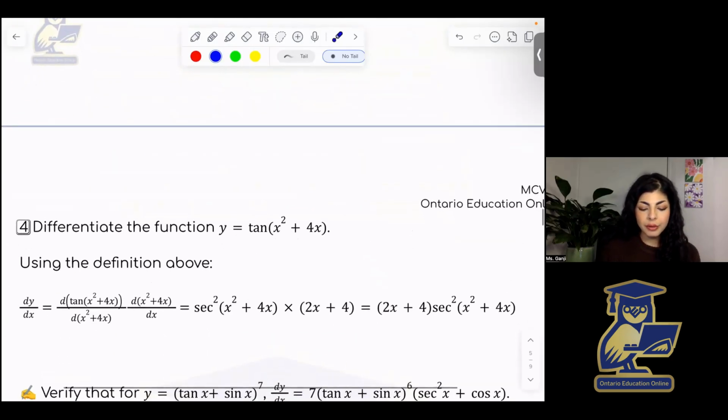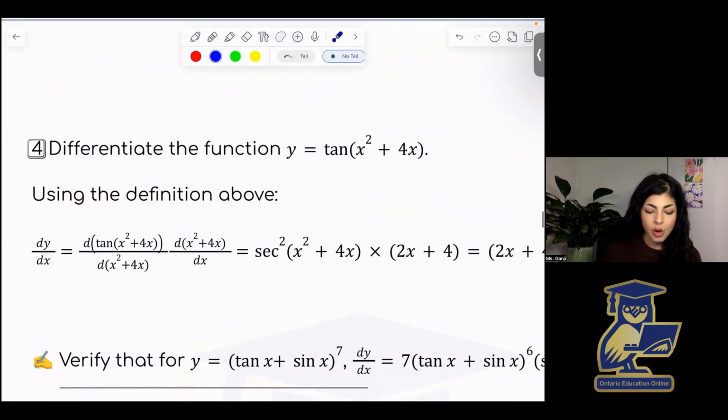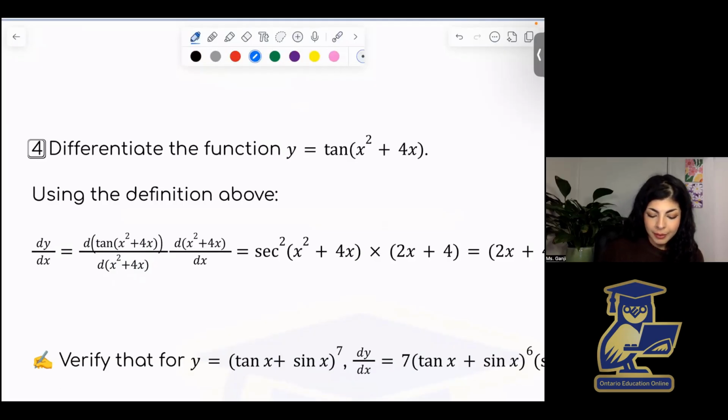Now let's try to differentiate this function y equals tangent of x squared plus 4x. So again, I'm just using the definition above. So dy/dx is going to be, and this is my outer function, so I'm deriving it with respect to x squared plus 4x. And really what I'm doing here, this part is, for example, u.